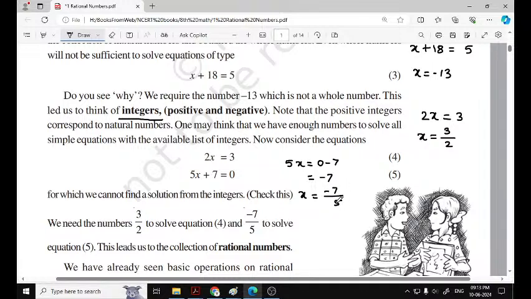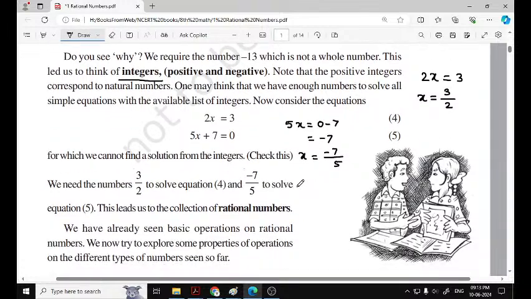This is again a rational number. So the numbers in the form of numerator and denominator, where number in numerator and denominator are integers, denominator is other than 0, such a number is called as a rational number.